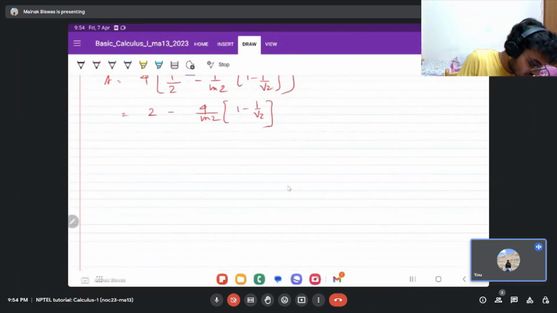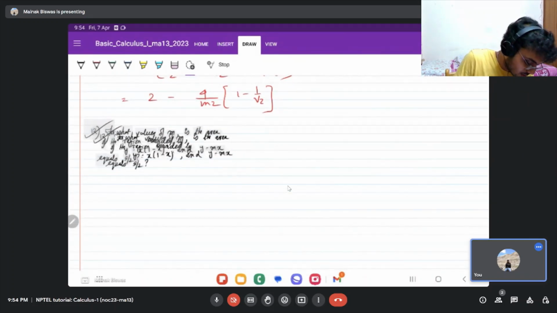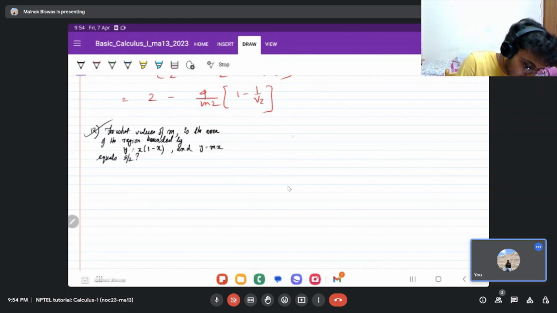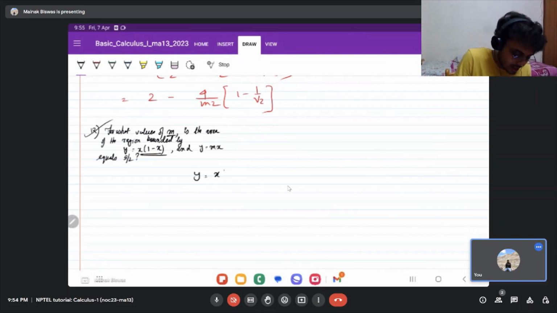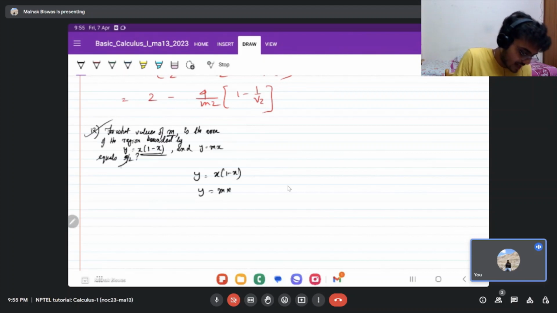The last question, number 12, is this. It asks: what values of m make y equal to x into 1 minus x and y equal to mx enclose an area of 9 by 2?